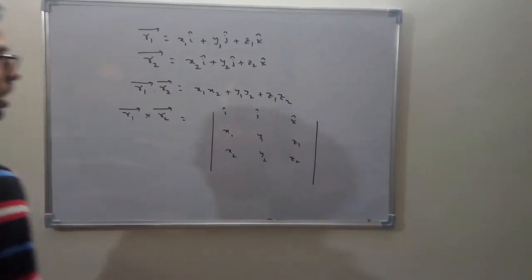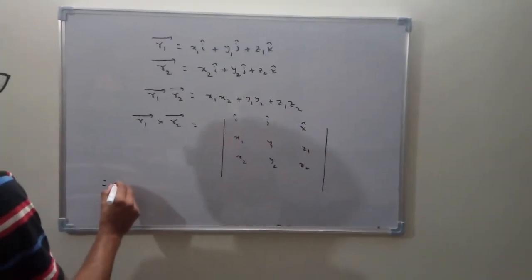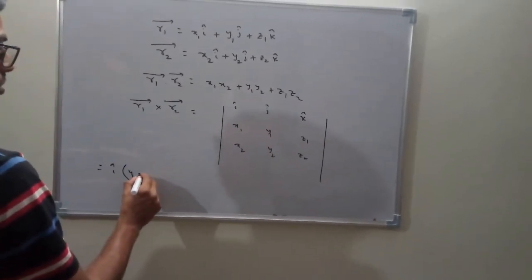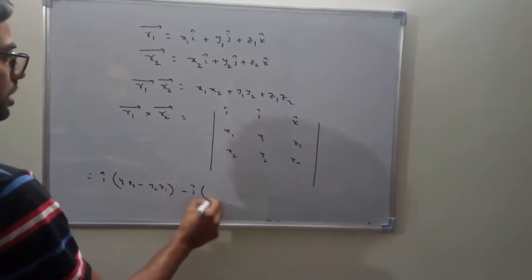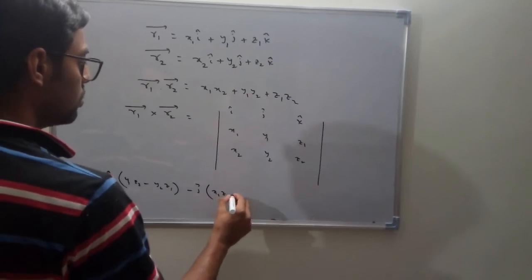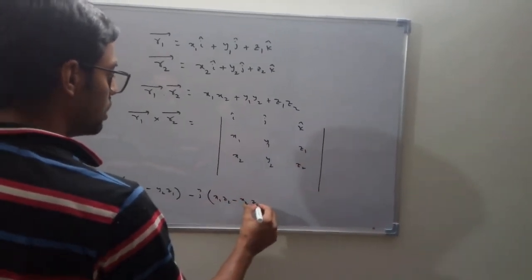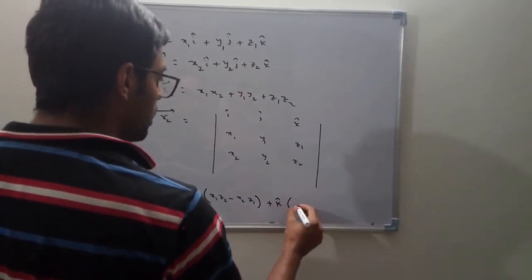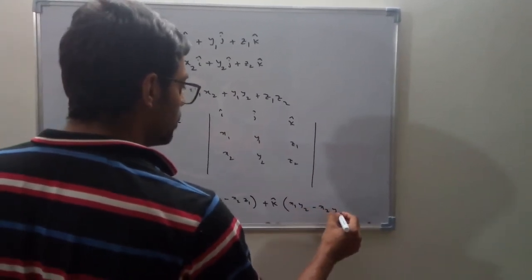By using the determinant method, we find that it is equal to i hat into (y1 z2 minus y2 z1) minus j hat into (x1 z2 minus x2 z1) plus k hat into (x1 y2 minus x2 y1).